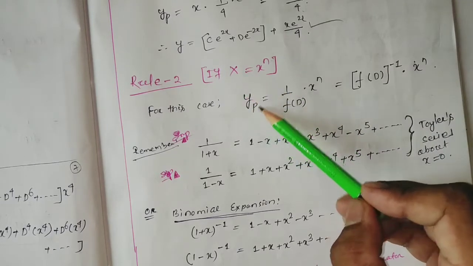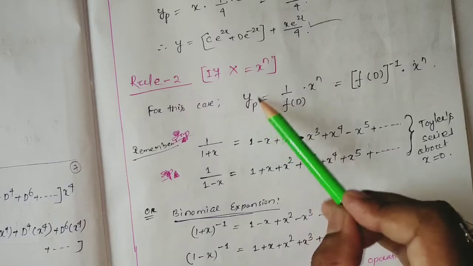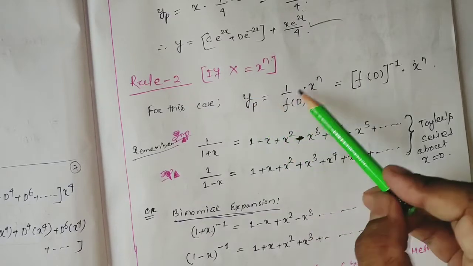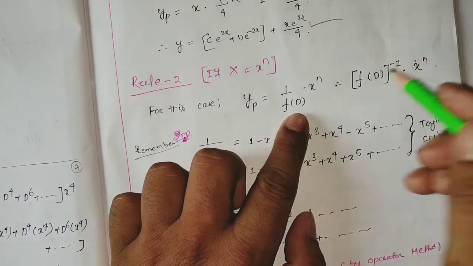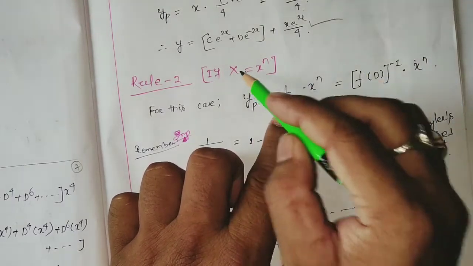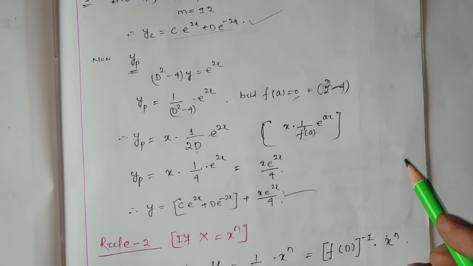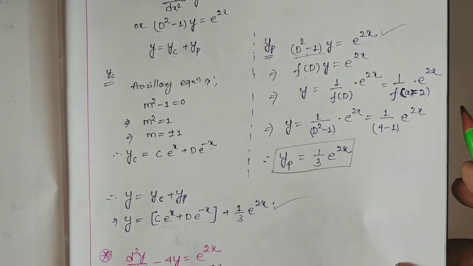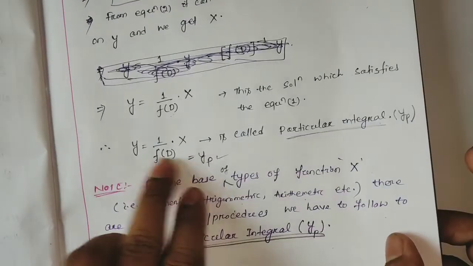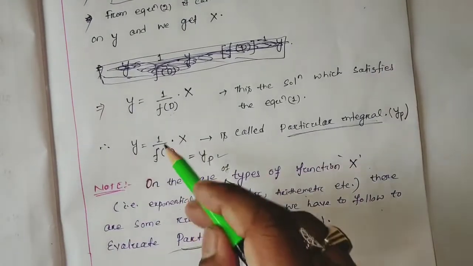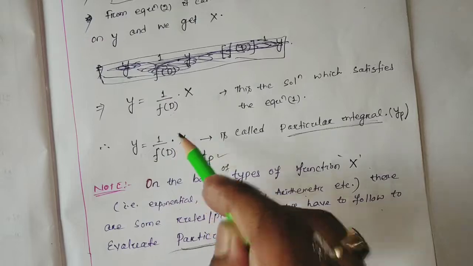For this case, yp or particular integral will be 1 by f of d, which operates on x. This is the fundamental one, the primary one: yp is always 1 by f of d operating on this function.